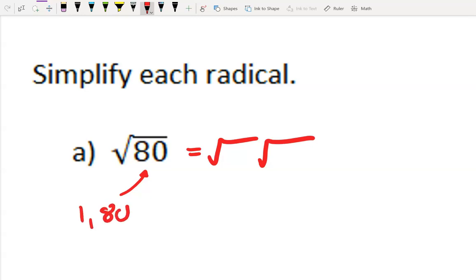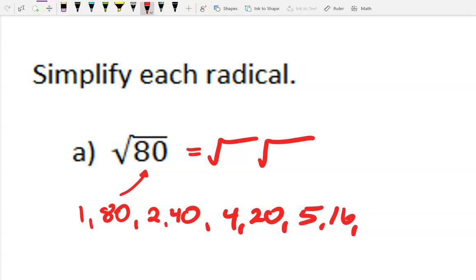Factors of 80. 1 and 80, 2 and 40, 4 and 20, 5 and 16, 8 and 10. Those are the factors of 80. Are any of them perfect squares? 4 is, 16 is. Which one of those is larger? That's the one you're going to write here.